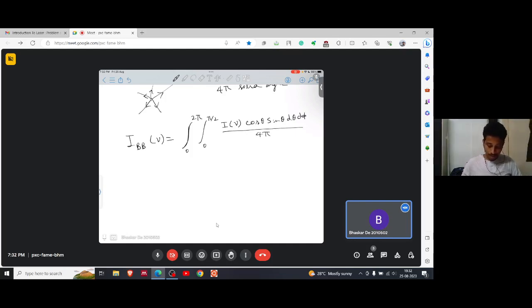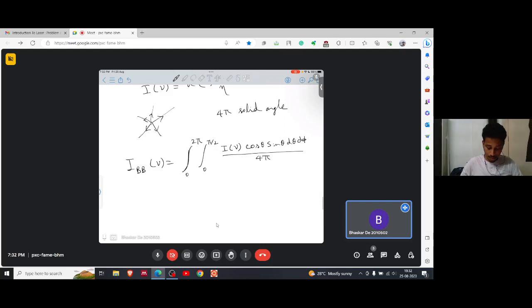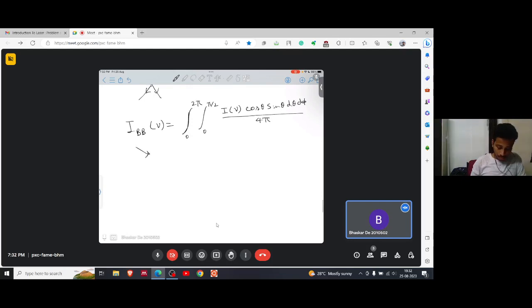So this is basically the total intensity radiated in all directions, or it is known as the black body radiation flux.